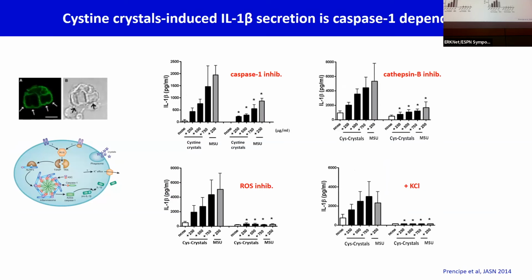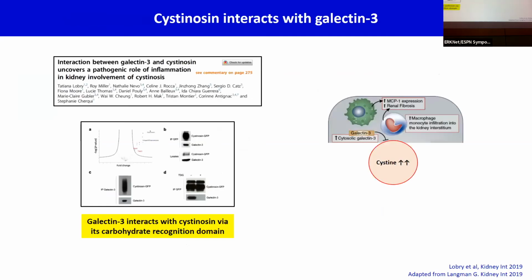And again, this can be inhibited by inhibiting ROS production, rupture of the lysosome, or by adding potassium. Another piece of information comes from the laboratory of Stephanie Cherqui and Corinne Antignac.